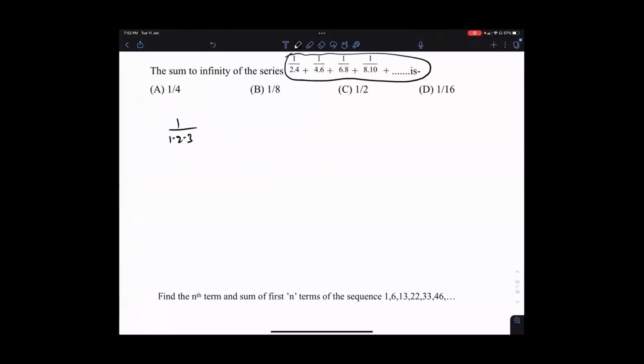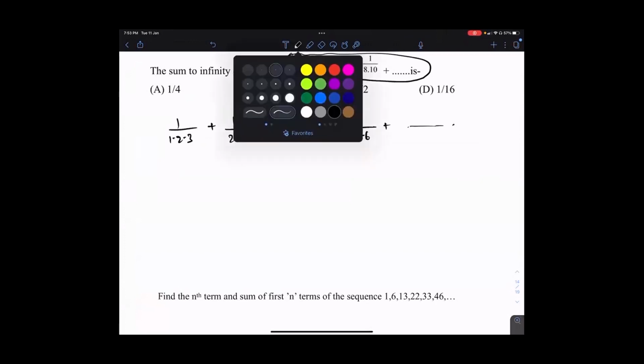See here. Whenever you have terms multiplying in the denominator like this, 1 by 2 into 3 into 4, plus 1 by 3 into 4 into 5, even this can be an infinite sequence now. Now this is 3 terms. Now the funda is very simple.